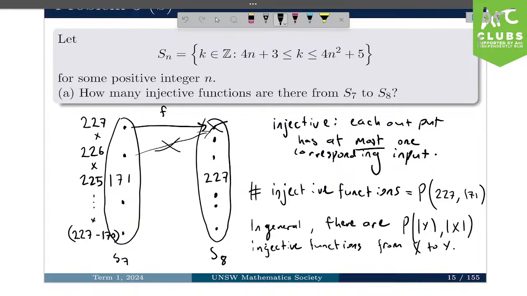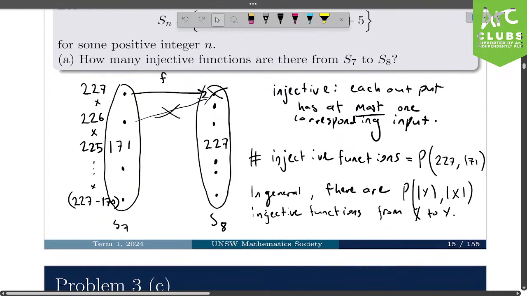Obviously, all of this depends on x and y actually being finite sets. Otherwise, obviously, there would be an infinite number of functions that you could create between them.